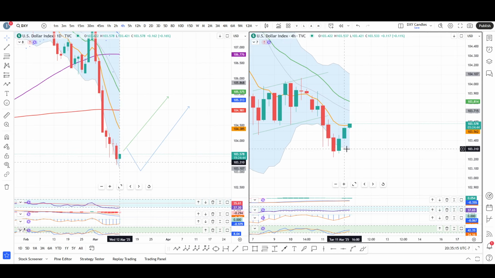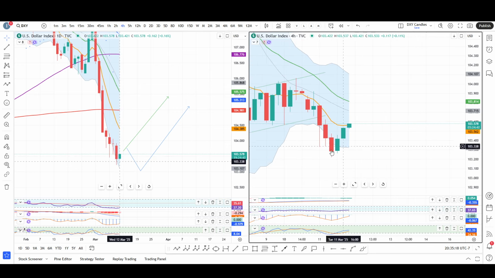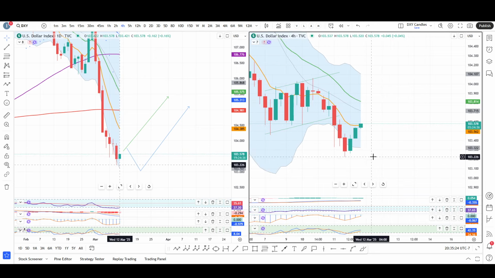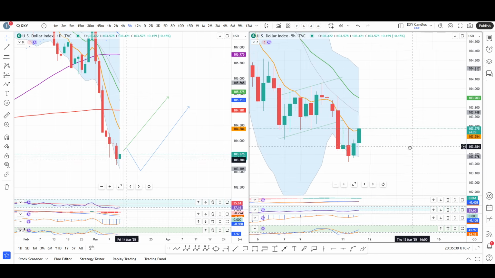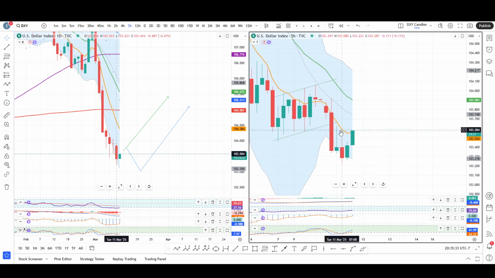However, if we look at the candles, they are very interesting right now. This is the 4-hour frame, and we have a confirmation of a 4-hour reversal. In 24 minutes we might have a confirmation on a 5-hour frame, and this would be a very amazing strength.